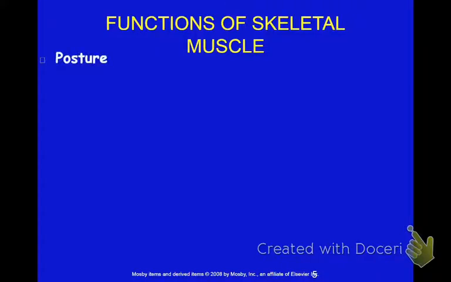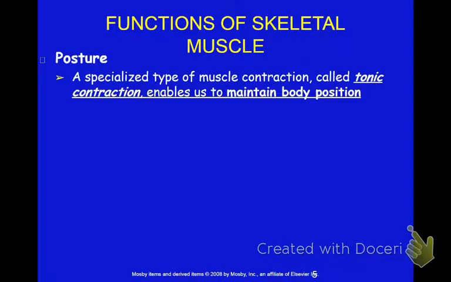Okay, posture. Okay, so right now, become aware of your body position. Are you slouched? Are you looking down? Are you sitting up straight? When I mentioned posture, did you immediately sit up? Yeah, probably. Okay, so our posture is maintained by groups of muscles in our core contracting in what we call tonic contractions.